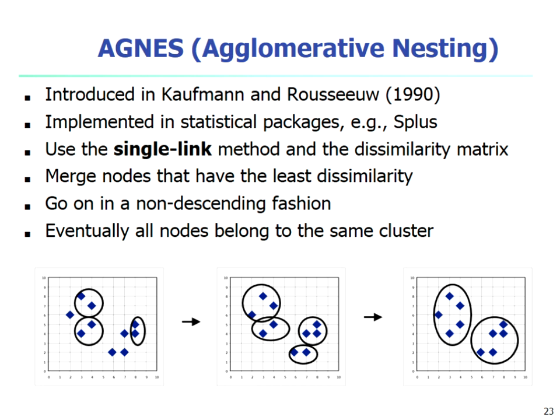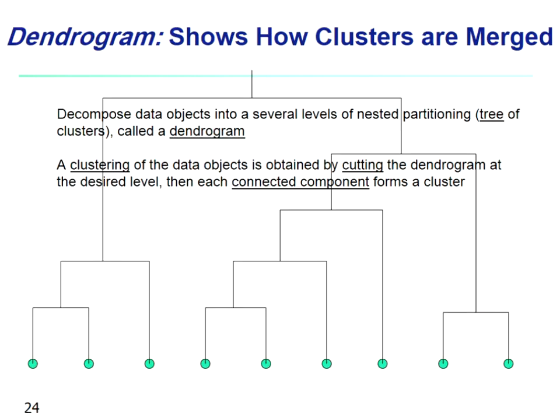So here, the dendrogram shows how clusters are merged. Decompose data objects into several levels of nested partitioning, a tree of clusters. So the tree of clusters is called a dendrogram.